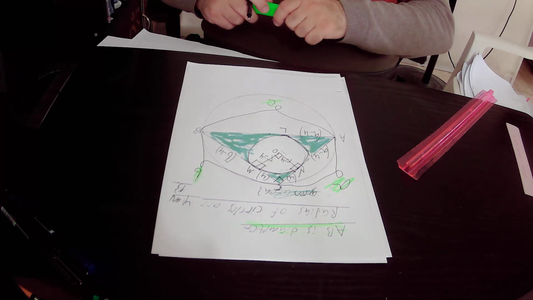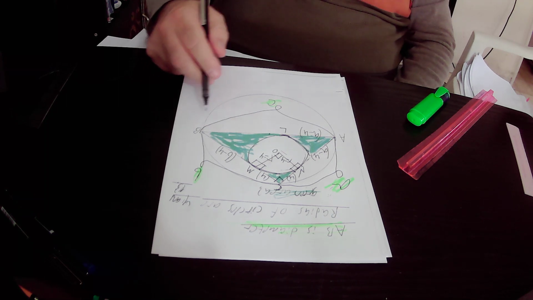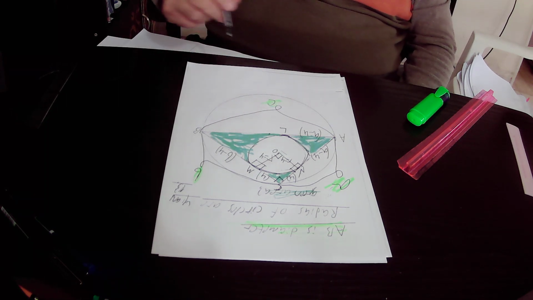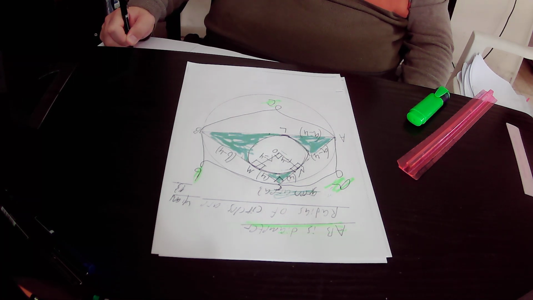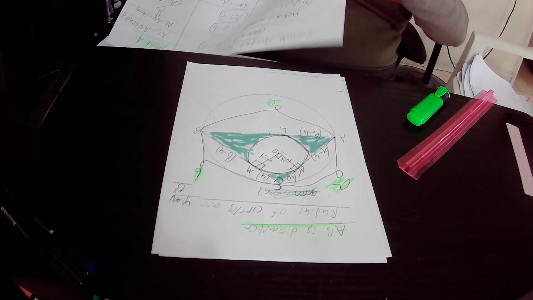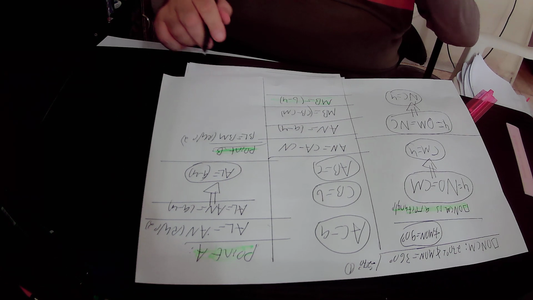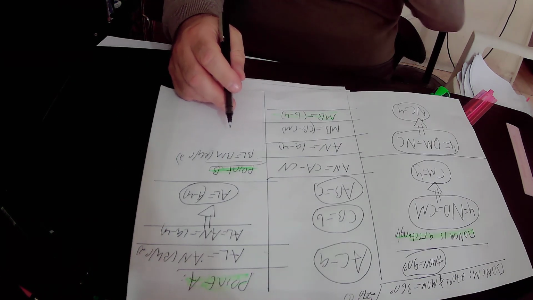From the common external point B, we have two tangents to the small circle, tangent BL and tangent BM. According to rule number 2, the lengths of those two tangents are equal to each other, that is to say, BL equals BM.